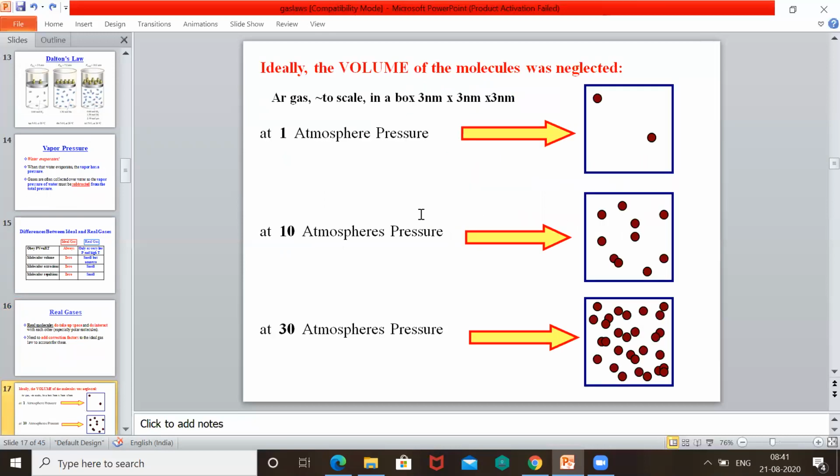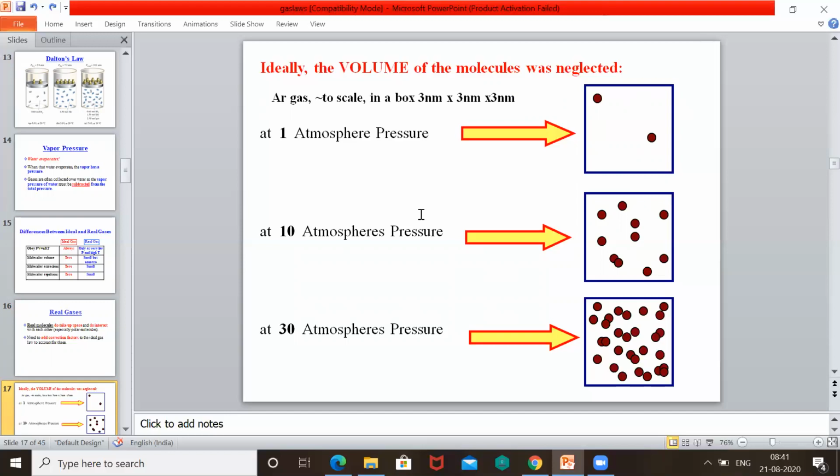What is kinetic theory here? Kinetic theory of gases, if you remember, says gases consist of a large number of tiny particles called molecules. And these molecules are in random motion. They are not in a state of rest. They will be moving, and as they move, they collide with the container and themselves also.